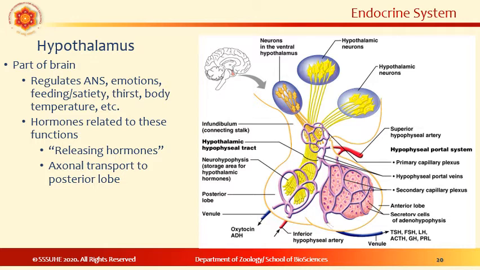Through the arteries connecting hypothalamus to the pituitary, various hypothalamic factors are transported to the anterior pituitary, and from the anterior lobe of pituitary, various hormones are then released into the blood circulation.